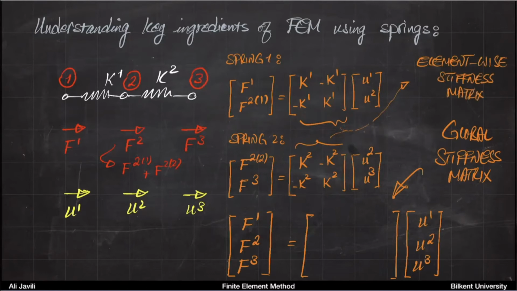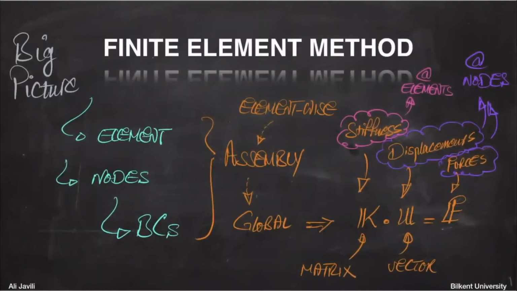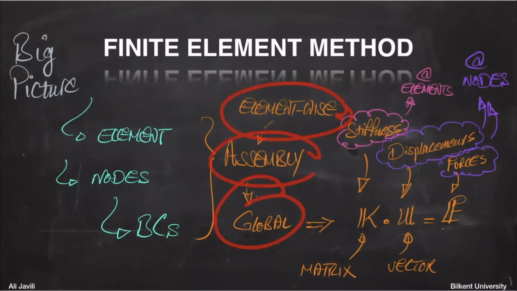And then again, why am I repeating this so many times? I know I'm repeating it too often. But if you just look at what you have in this slide and what we just mentioned at the beginning about the structure of a finite element method, you can exactly see these ingredients again. You see there is an element-wise stiffness. We assemble them, we get the global stiffness.